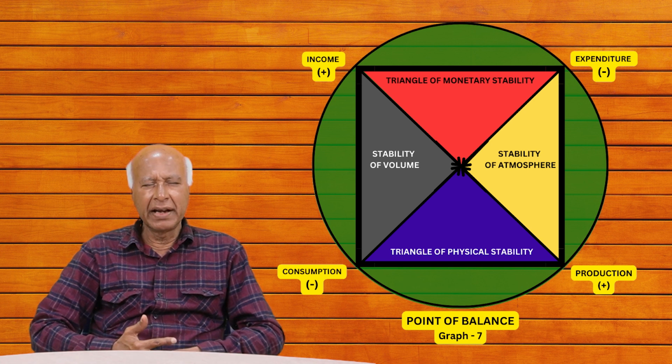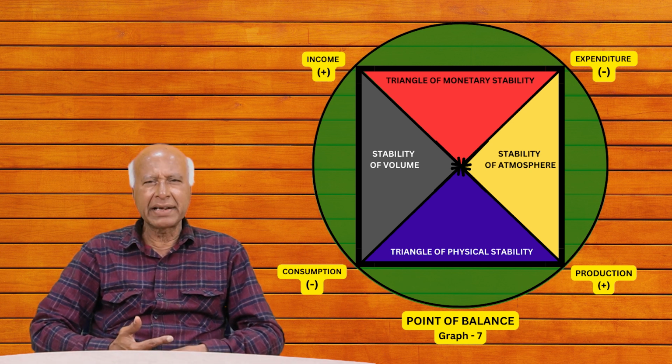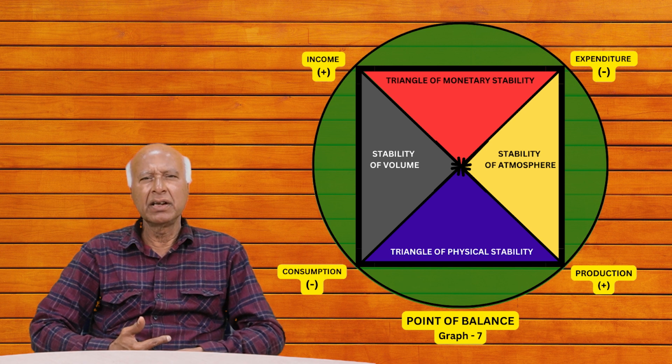The first triangle, of stability of demand, will integrate two poles, one pole of monetary activity and another pole of physical activity, that is consumption. So that triangle will also show the stability of demand volume, that is, how the forces of demand cause other triangles to shrink or grow in area.